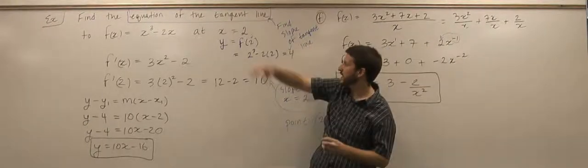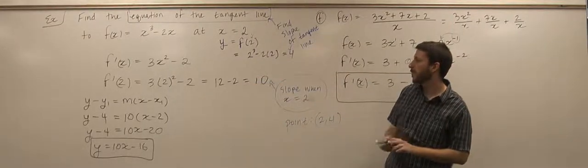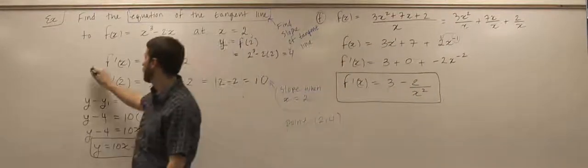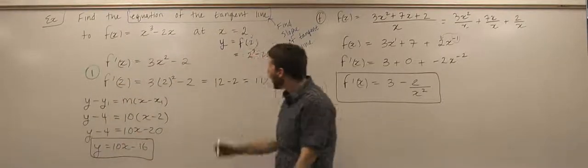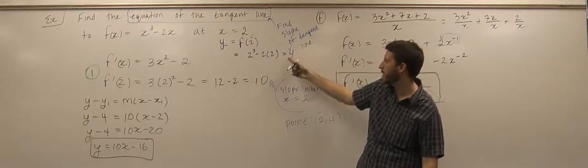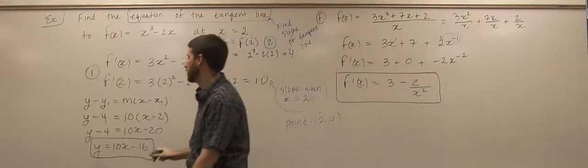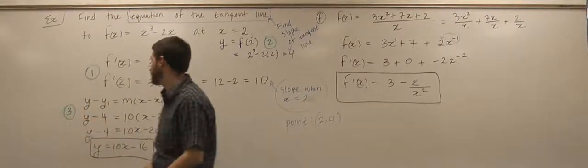So for the equation of a tangent line, you're always going to need to do the derivative and plug in your x value. That's step 1. Possibly you're going to need to plug your x value into the original function to get a y value. And then you need to toss that into your point slope form to get your equation.